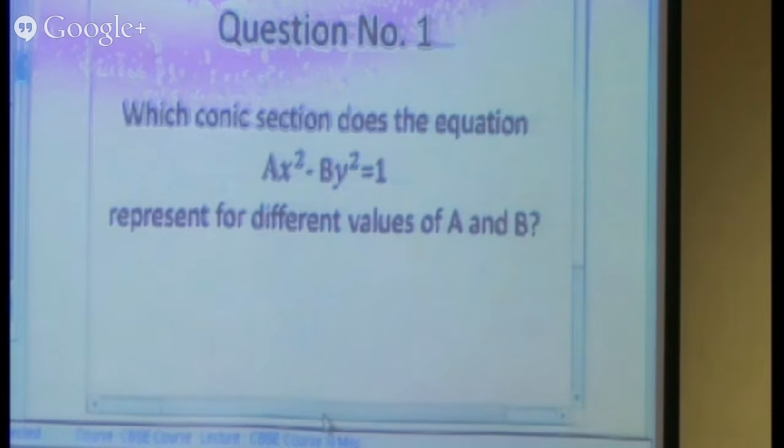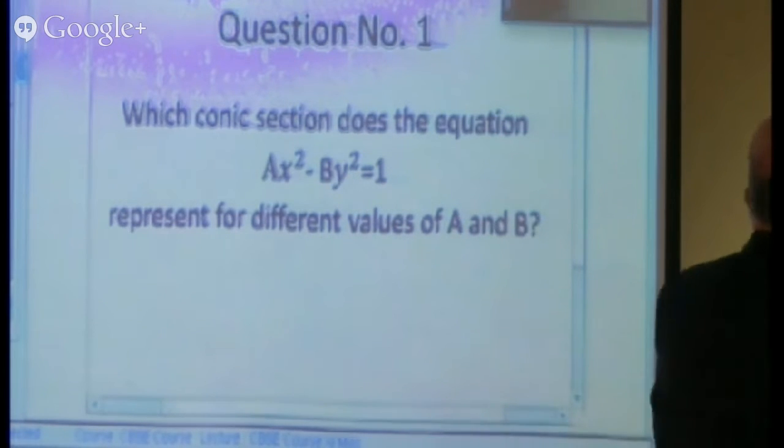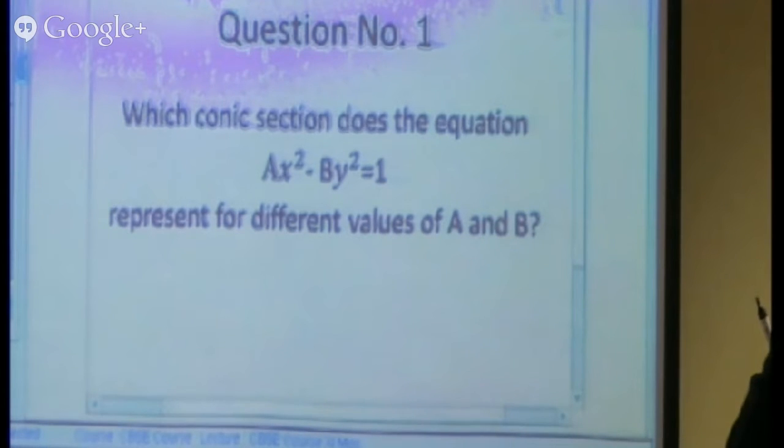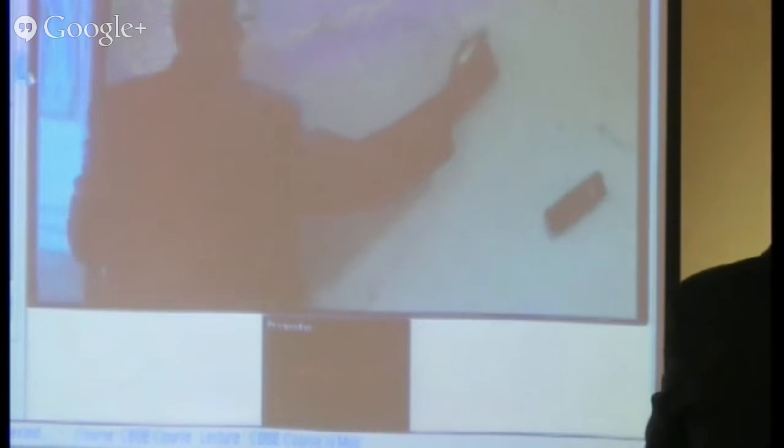Suppose I take, let's take an example. What is the equation I have written? ax square minus by square equal to 1. Suppose I give it values, a is 3 and b is minus 5.